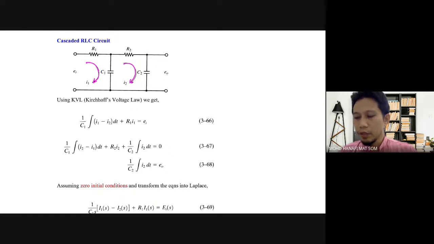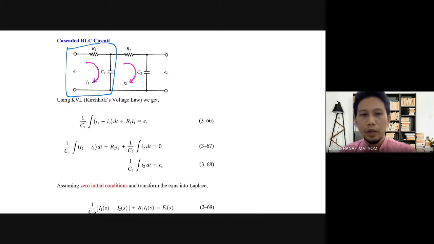The first equation we can come up with is this portion, contributed by R1 and C1.